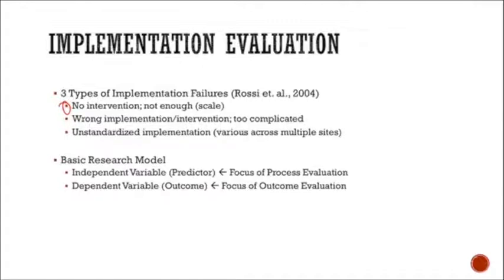So they're similar in that they're related, and one of them obviously is complete absence, but the more common and more likely concern is an insufficient scale of the treatment.